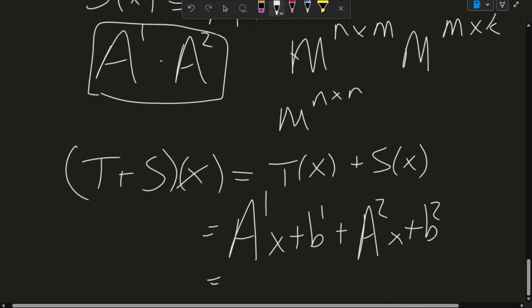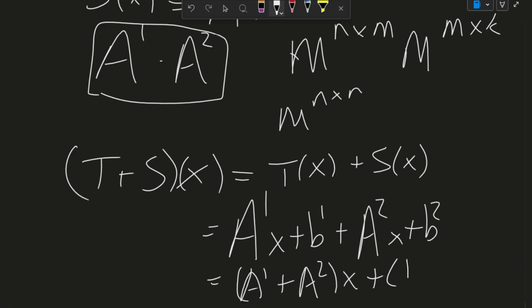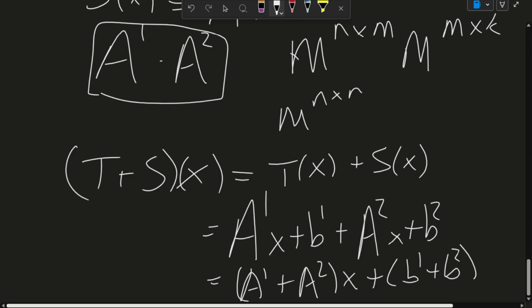And this is equal to A1 plus A2 times x plus b1 plus b2. So we just add the linear parts, we add the constant parts, and that gives us our new affine transformation.